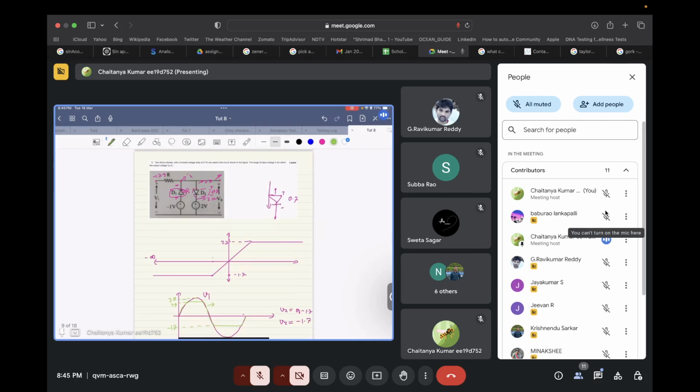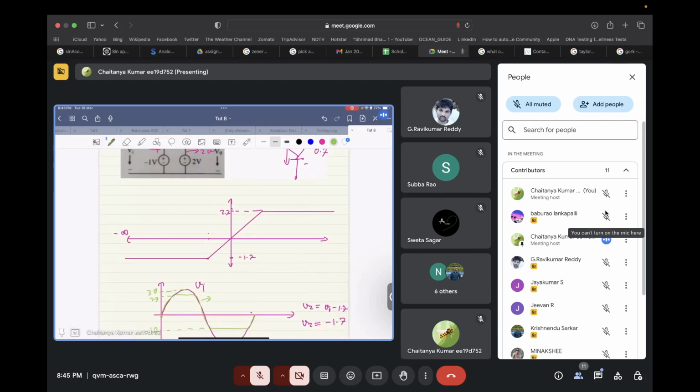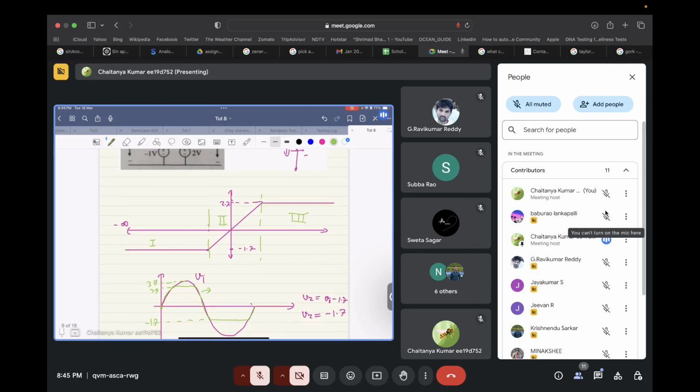Now, let's call this region 1, this region 2, and the extreme right region 3. As we start from 0 volt, in which region of operation are we? Region 2. So in region 2, the output follows the input. So the green curve will be overlapping with the pink curve.